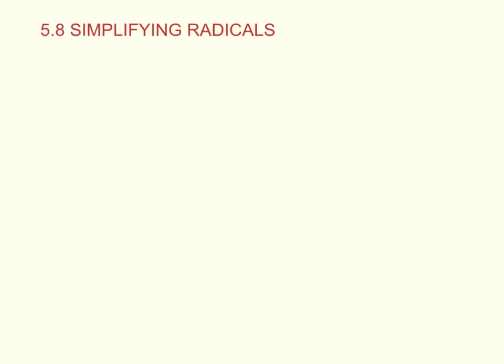You need to write perfect square numbers. You have to memorize these and know these by heart. For example, 2 times 2, 3 times 3, 4 times 4, 5 times 5, 6 times 6, 7 times 7, 8 times 8, and so on. And these keep going.